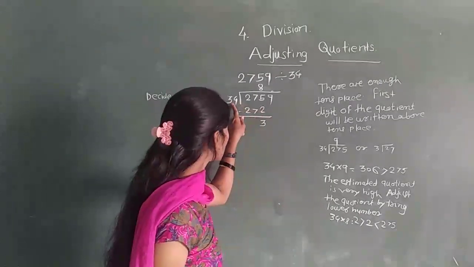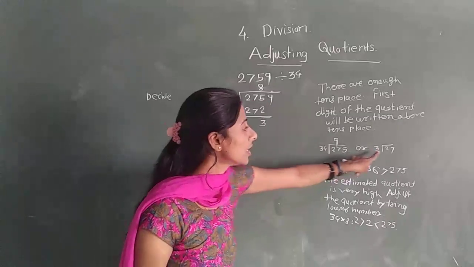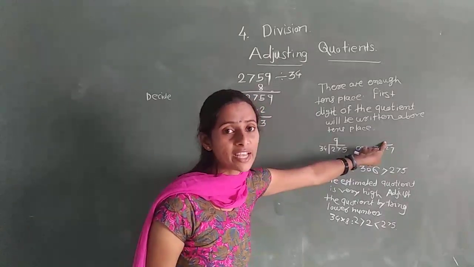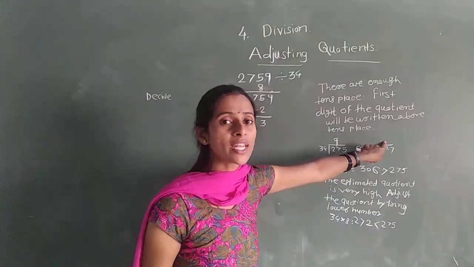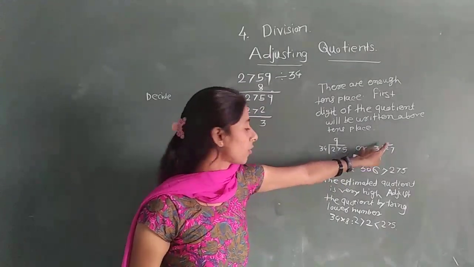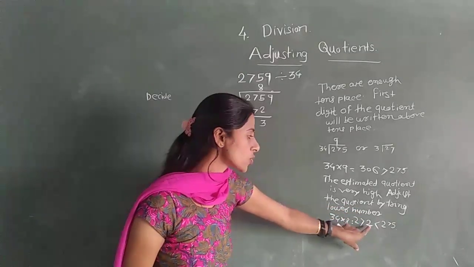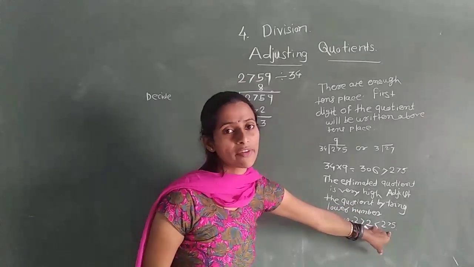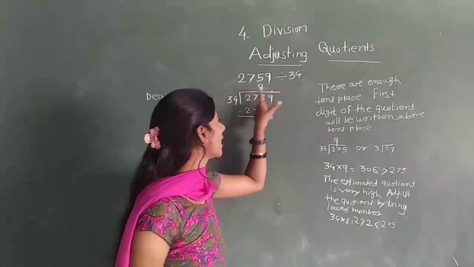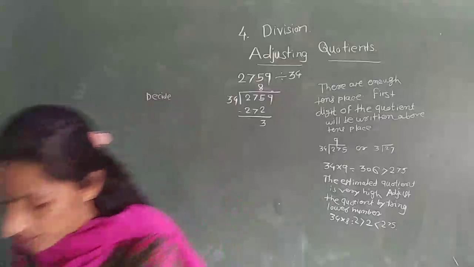We know 34 and 27: 3 nines are 27, so the estimated quotient is very high. By trying a lower number, adjusting the quotient, 34 into 8 is 272, which is less than 275. So 34 eights are 272, and subtract.